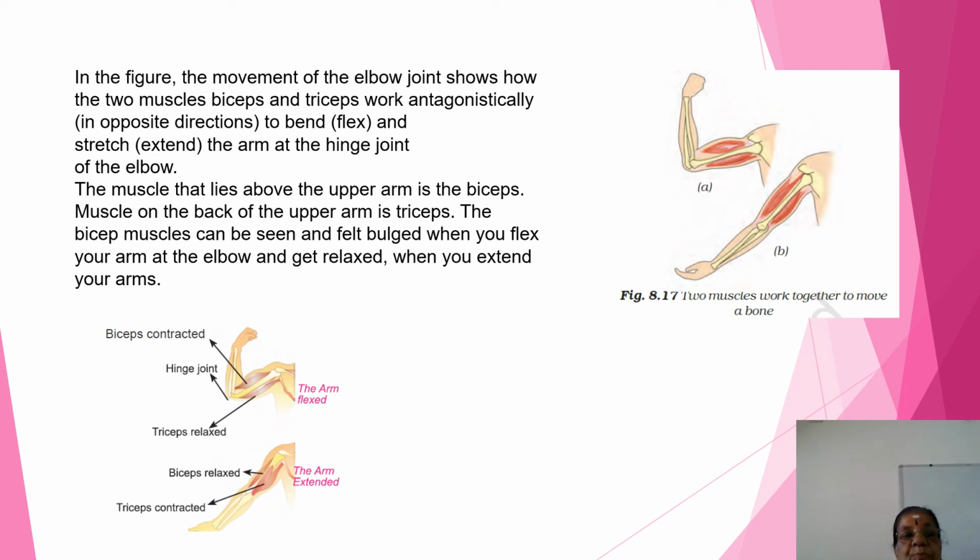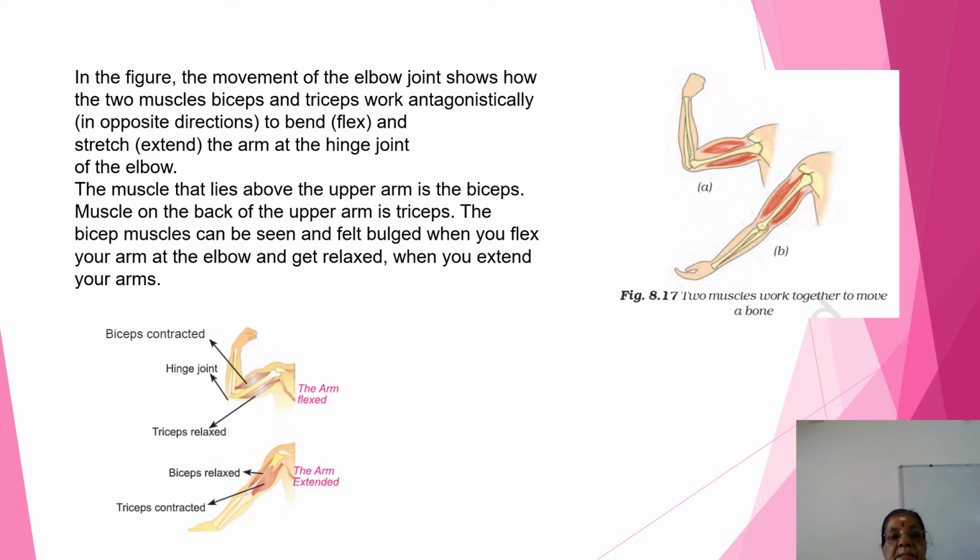I hope you follow. So that's given in the given figure. The movement of the elbow joint shows how two muscles, biceps and triceps, work antagonistically in opposite direction to bend and stretch the arm at the hinge joint of the elbow.